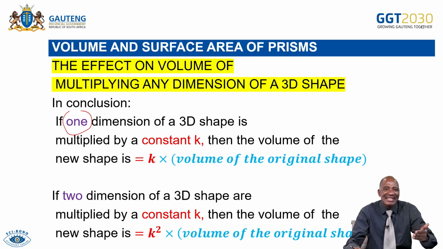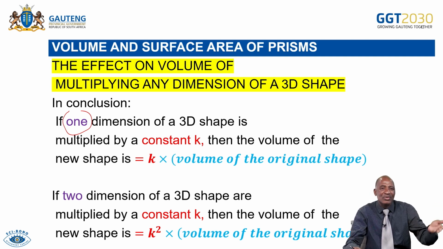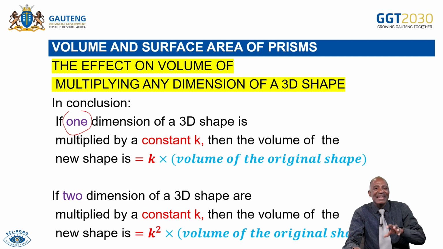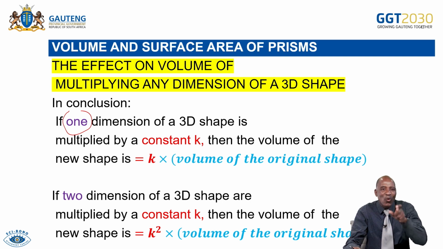We have seen it here that if we affect the breadth by 2, the new volume doubles from the original. If we multiply the height by 3, the volume changes by 3. So whatever constant you use, it will affect the volume equally. That's the effect that it would have.